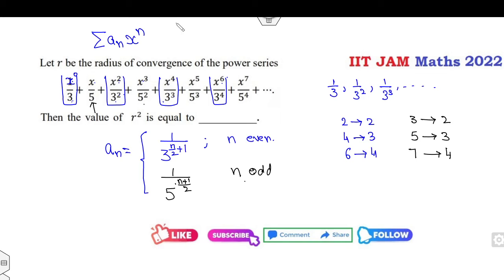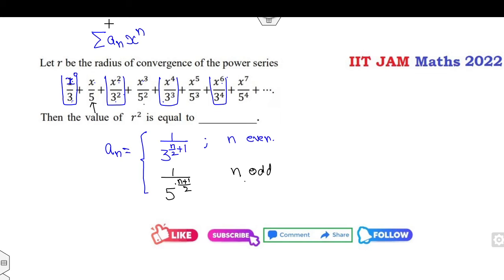Now you have the two series. Can you find the limit supremum? Your target is to find a_n raised to power 1 over n. So I can write 1 over 3 as a separate term. If you raise it to 1 over n, the first expression will be 3 raised to power 1 over 2, and the other is 3 raised to power 1 over n.